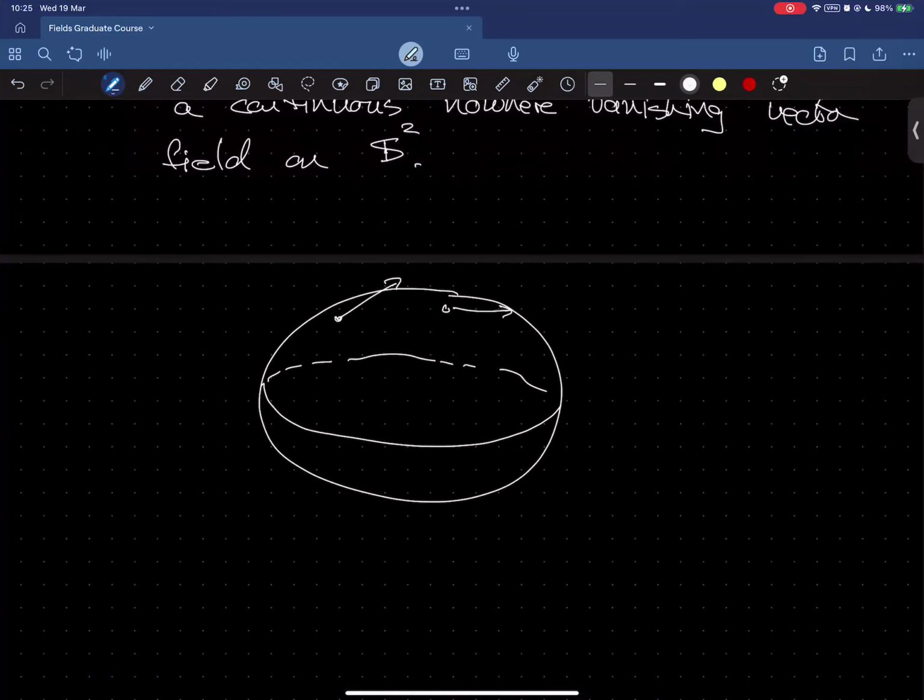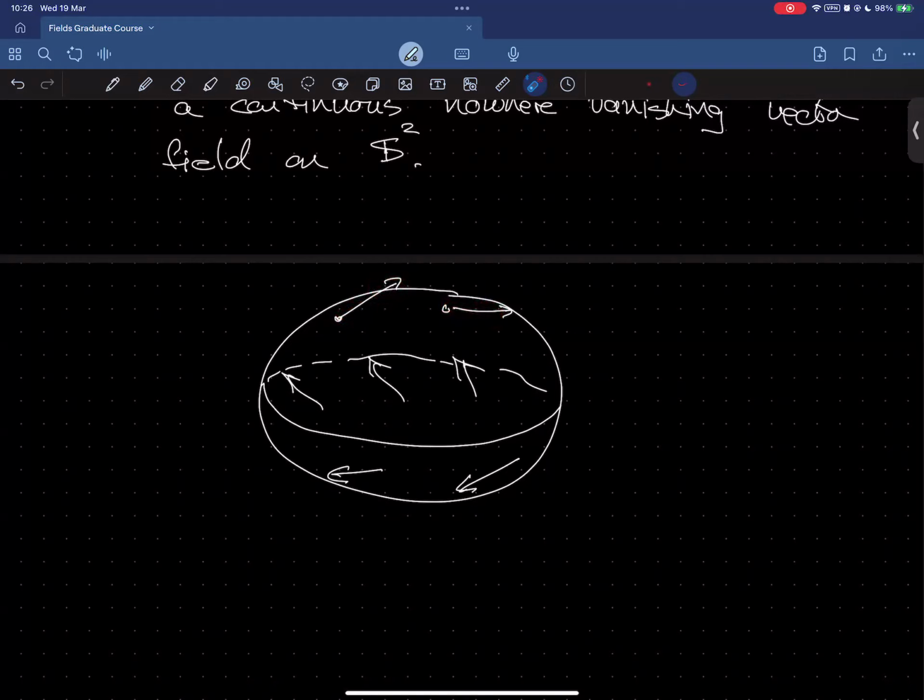So if you stick S2 inside R3, these things will be tangent to the sphere, like so. But what the Hairy Ball theorem says is that if you have any such continuous vector field on S2, and again, a continuous vector field just assigns a tangent vector to every point, then it must vanish somewhere.